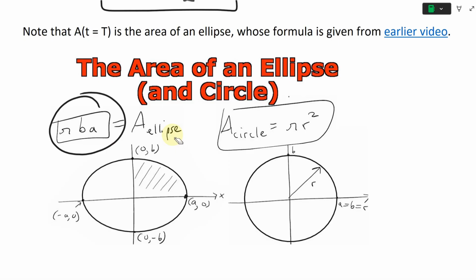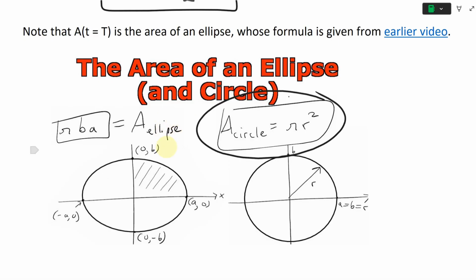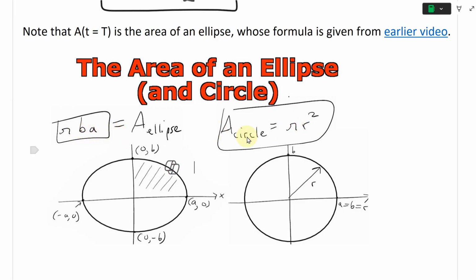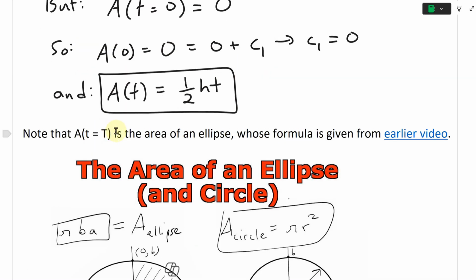I proved it over there, and I compared that with a circle, pi r squared. Again, a circle is just a special kind of ellipse where a and b are equal to the radius. So that's why you get pi r squared. It's actually pi times a times b. So a circle is actually a special case of an ellipse, which is pretty fascinating.